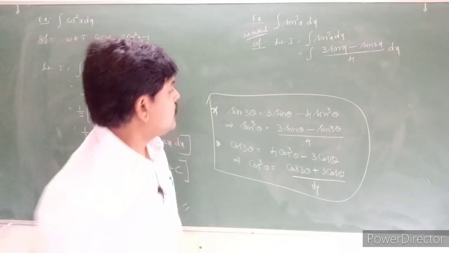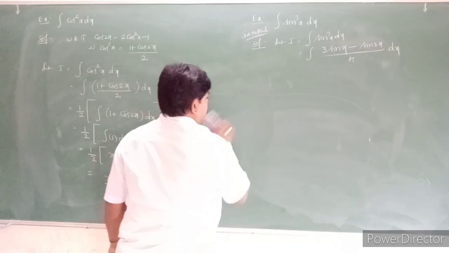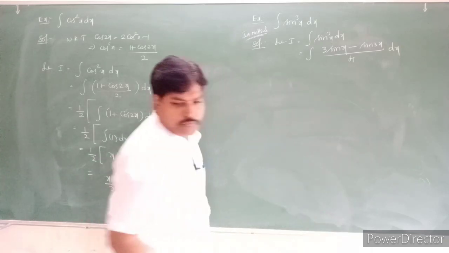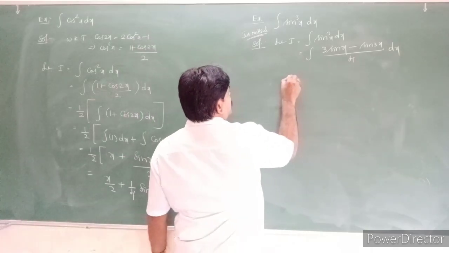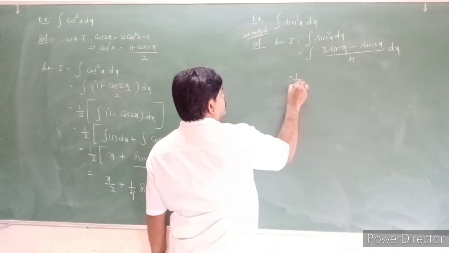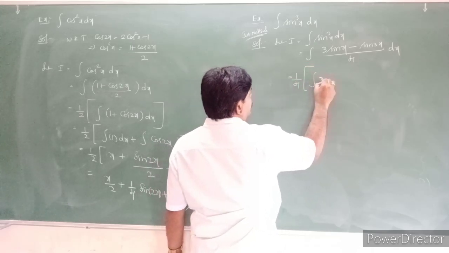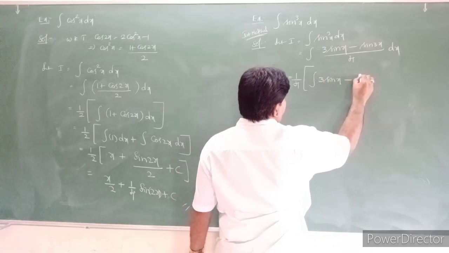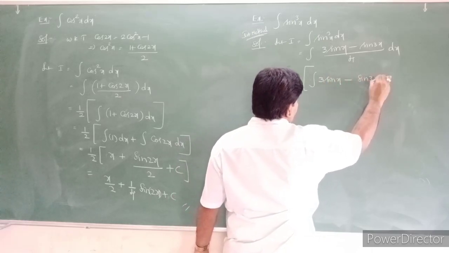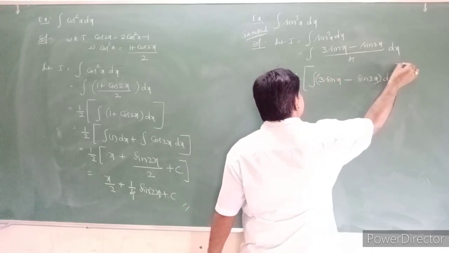Understand that? So that implies, take this 1 by 4 out. So what will it become? 1 by 4 into the integral of 3 sin x minus sin 3x into dx.